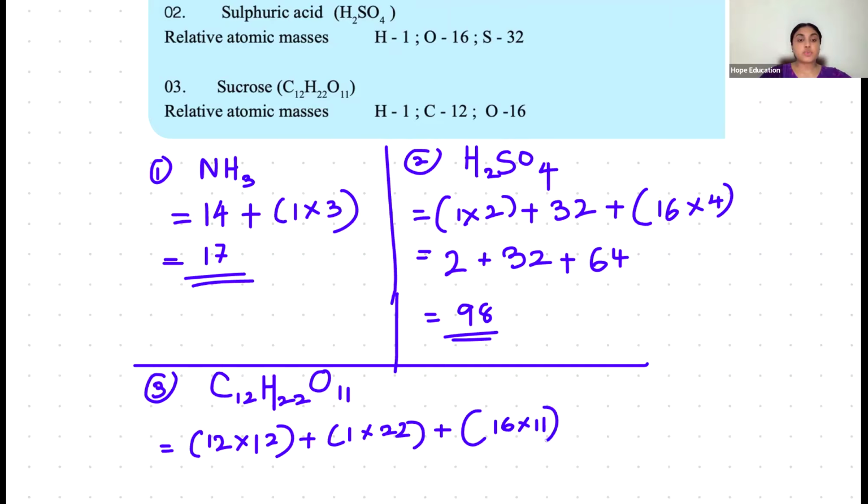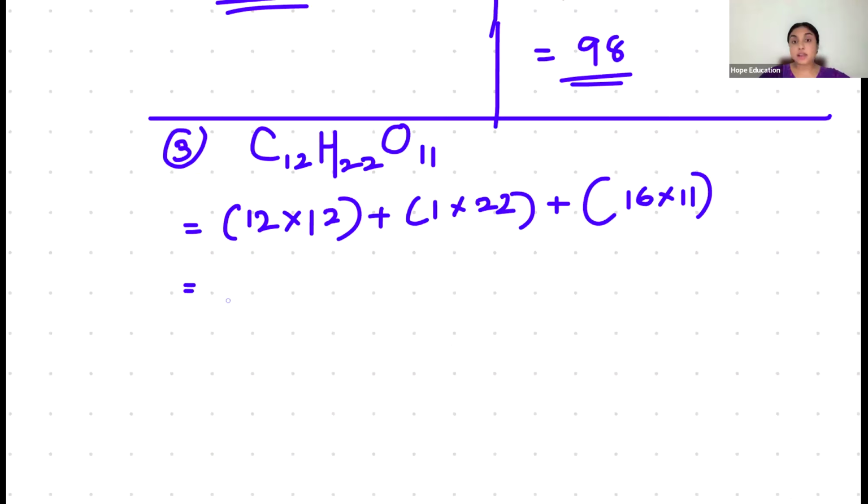Okay, so 12 times 12 is 144. Plus 1 times 22 is 22. Plus 16 times 11 would be 176.